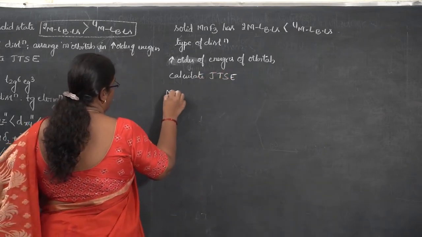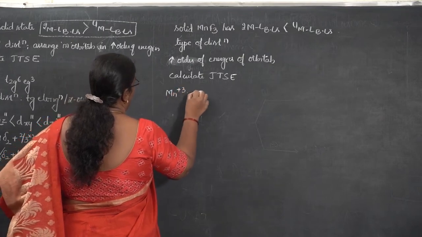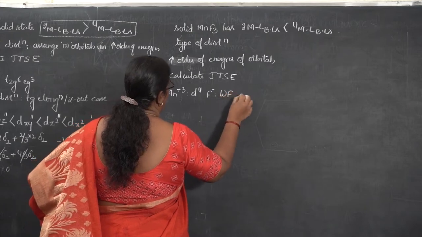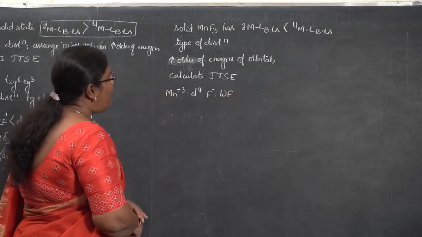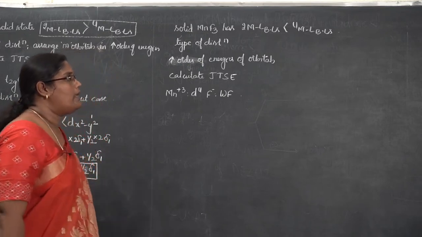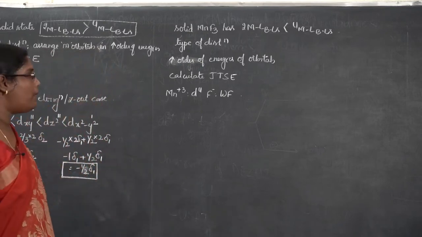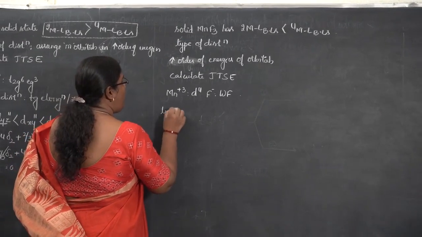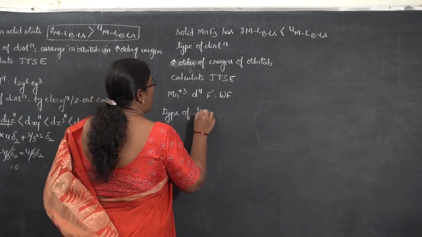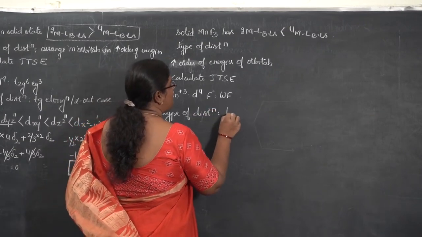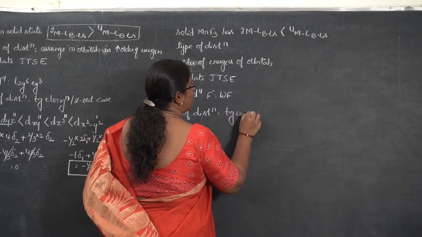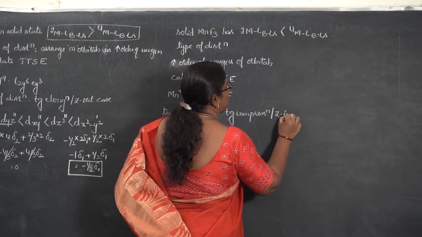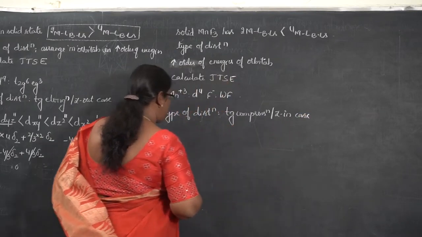So Mn plus 3, it is d4 system, and fluoride ion, it is weak field. So it is given that 2 of the metal ligand bond lengths are shorter than 4 metal ligand bond lengths. Therefore, the type of distortion, it is tetragonal compression, or we can call it as Z in case.